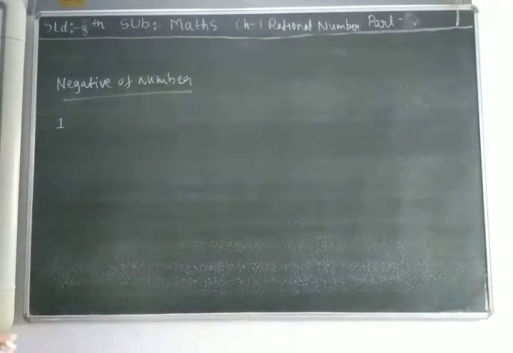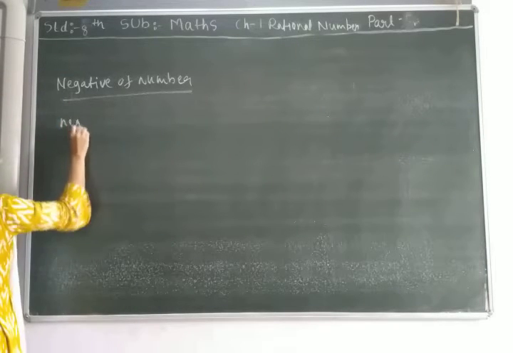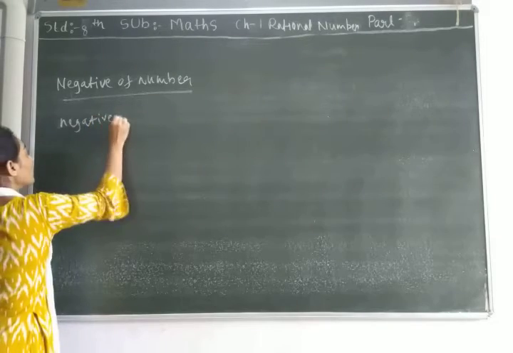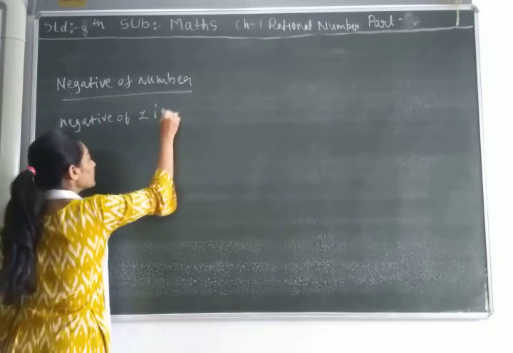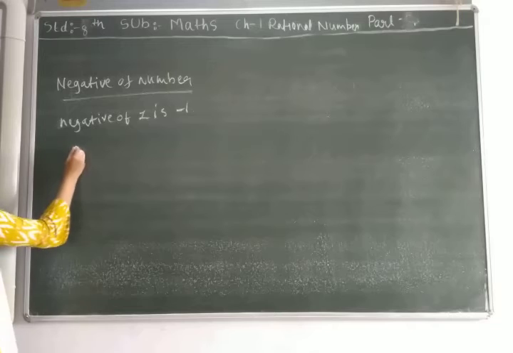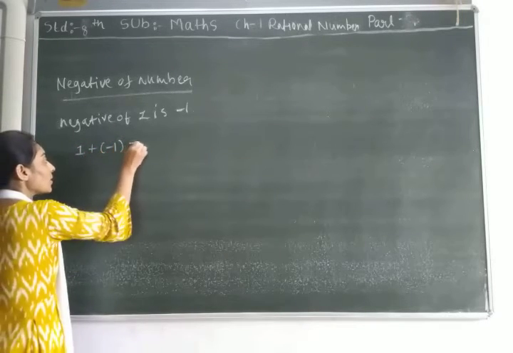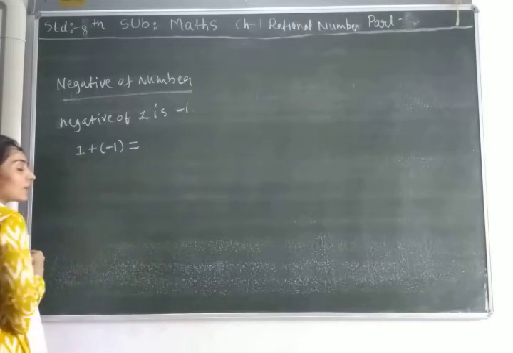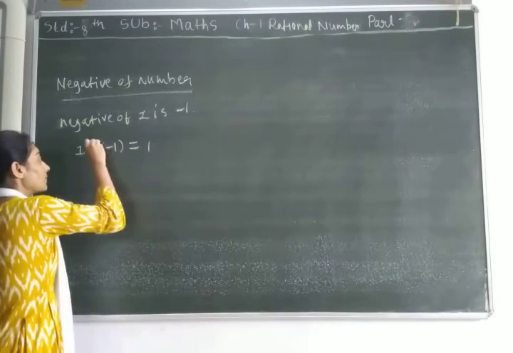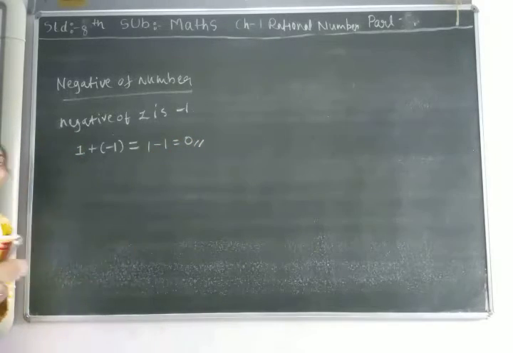So the negative of 1 is -1. So what we are going to do is take 1 and add -1. What will I get? 1 plus -1, I am getting 0.